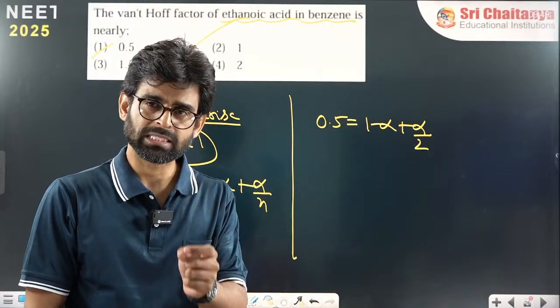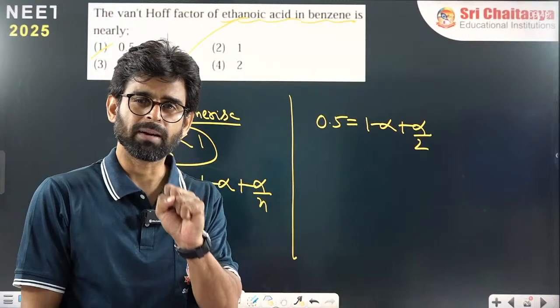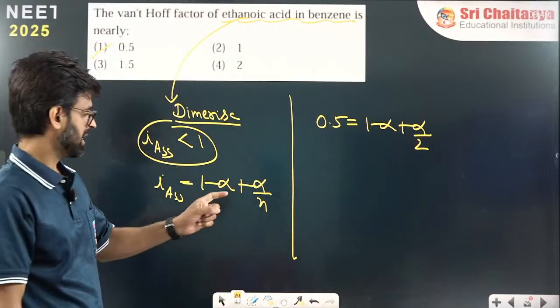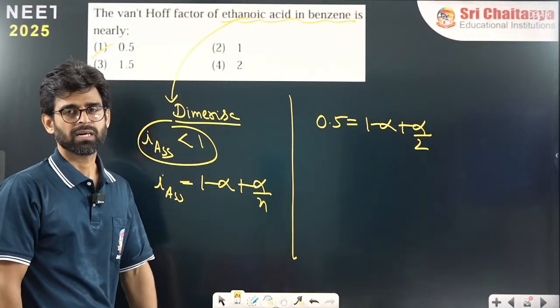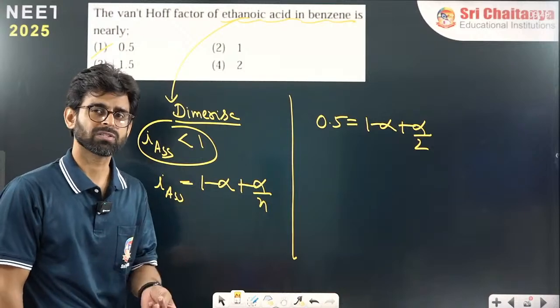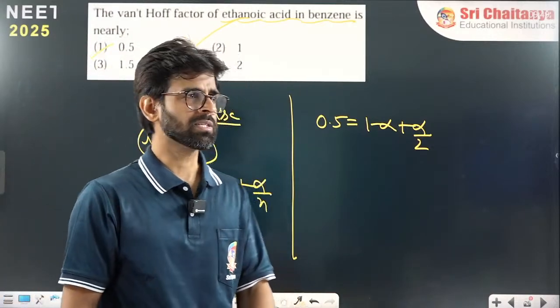Like 2 ethanoic acid molecules combine to make 1. So 2 are combining, na? 2 are associating with each other to make one particle. That's why n value is 2. And i is always less than 1 for association, i is more than 1 for dissociation, and i equals 1 when there is no association and no dissociation, right?